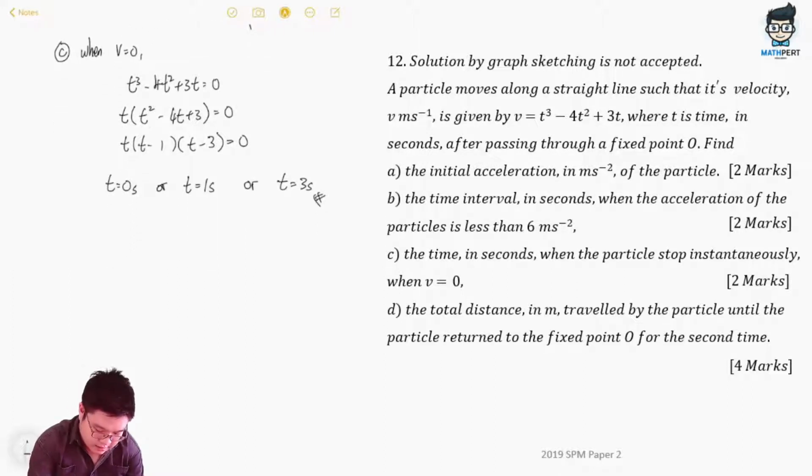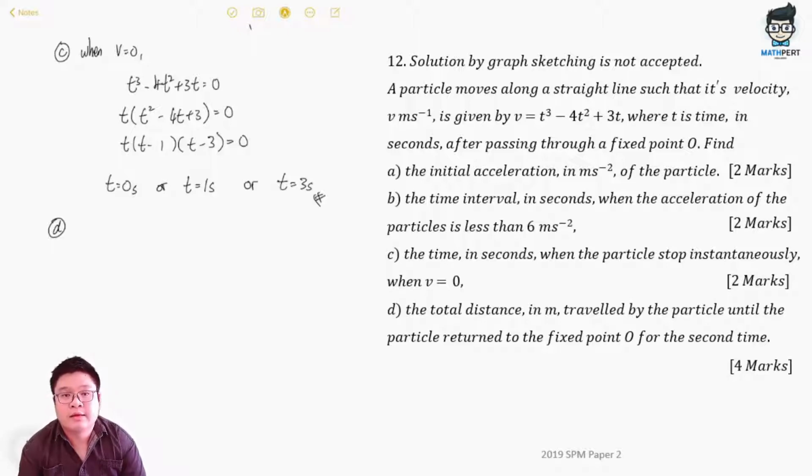Okay, part D, total distance travelled. Bear in mind that total distance travelled and displacement are totally different. Displacement means from the origin to the end point, what is the distance? Total distance travelled is how many meters the particle travelled.